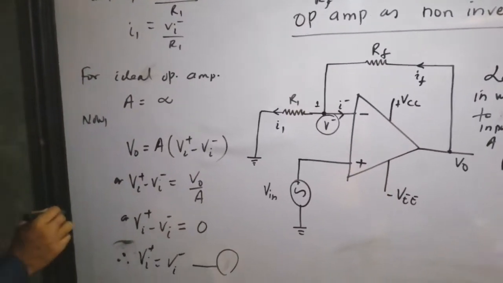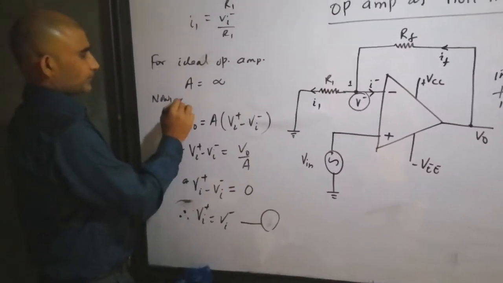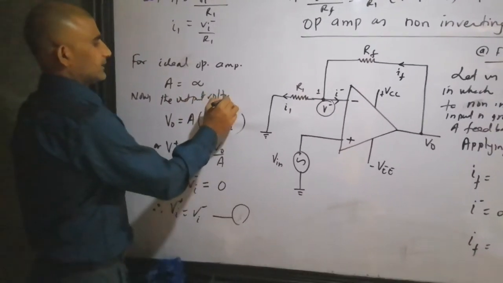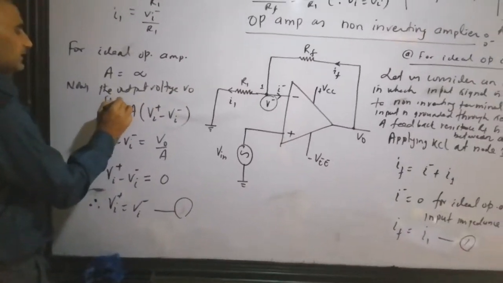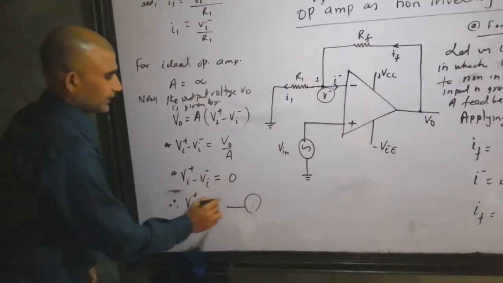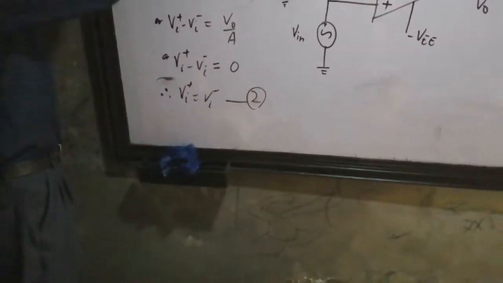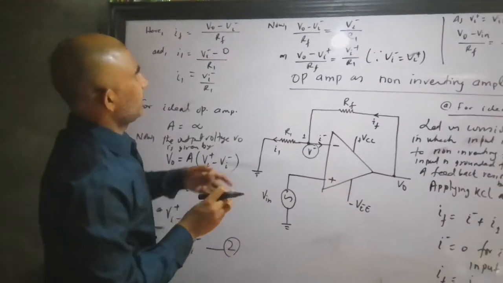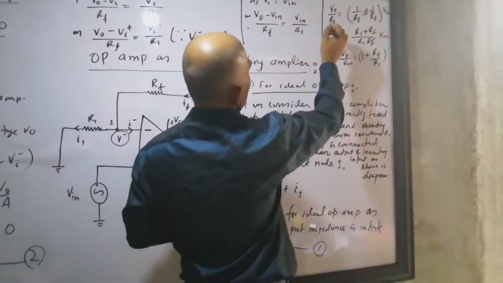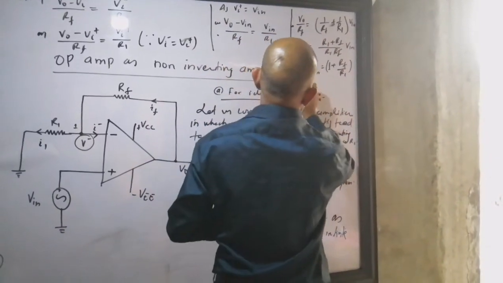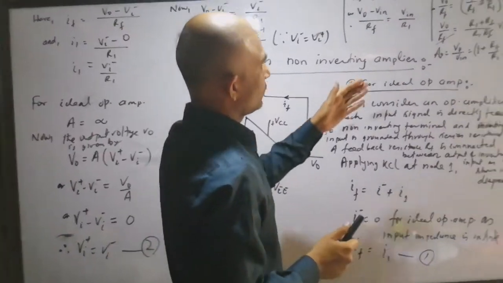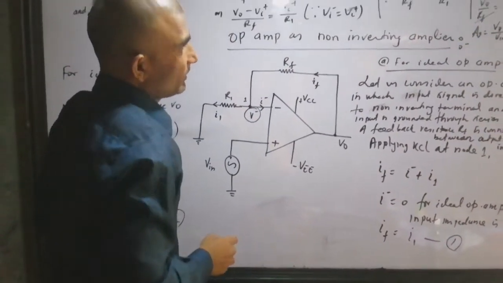Now the output voltage V naught is given by, you can write this and go up to here, and this equation 2, and then you will copy this, and go on copying this until you reach here, and then you write the last, this is the required closed loop gain. But you can pause the video and copy.